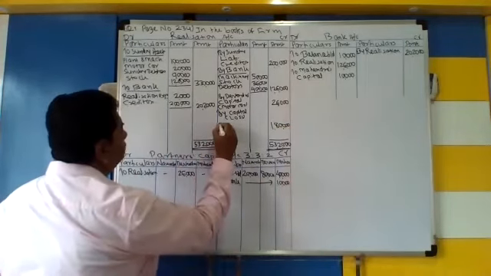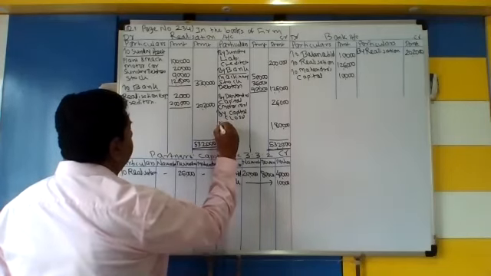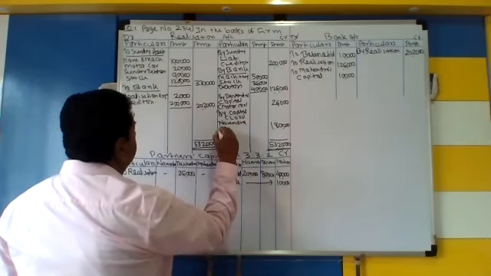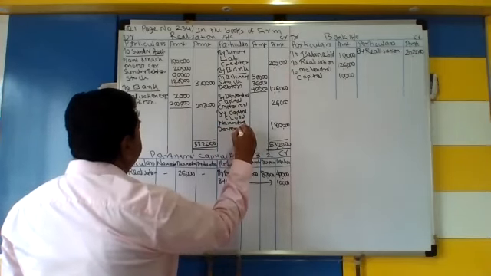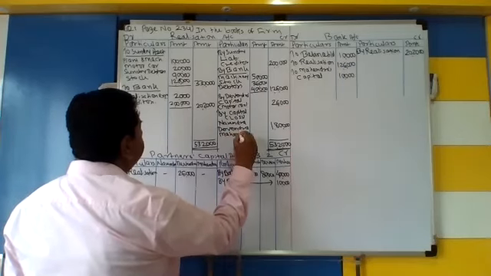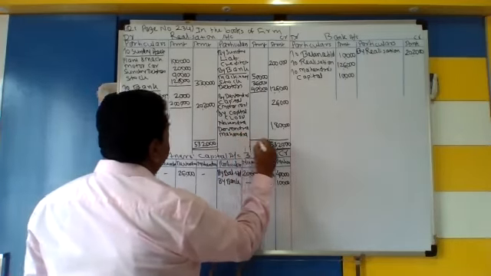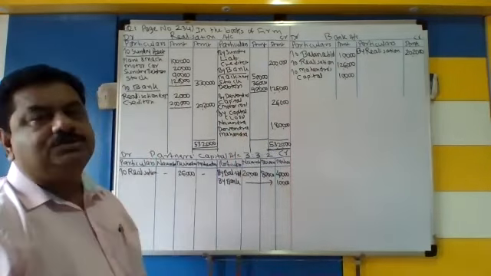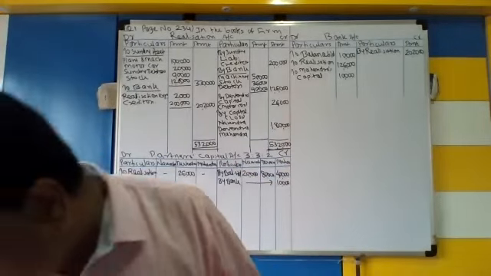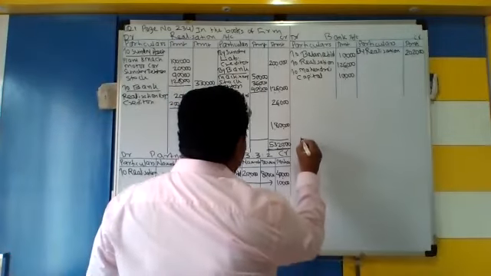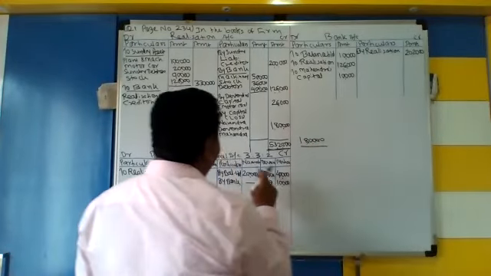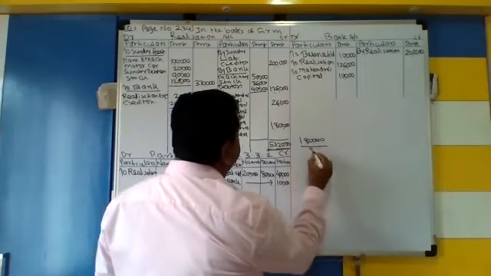1,80,000 is a loss. It is to be transferred to Narendra, Devendra, and Mahendra in the ratio 3:3:2. Yes, we have to divide in the ratio. So 1,80,000 is a loss divided by total. The total is 8.